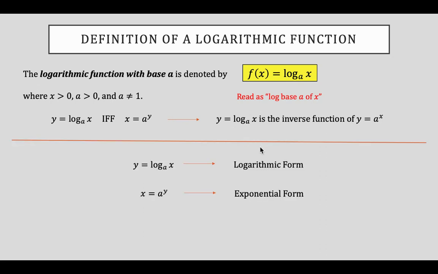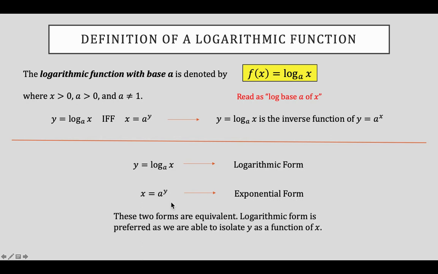And these are two different forms that represent the exact same function. Y equals log base a of x is our logarithmic form, hence the log, and x equals a to the y is called our exponential form, hence the exponent. All right, these two forms are equivalent. They mean the exact same thing. That's why in our definition, it says y equals log base a of x if and only if x equals a to the y.